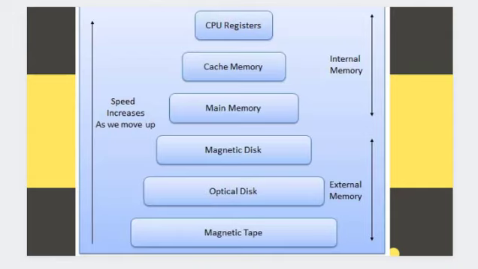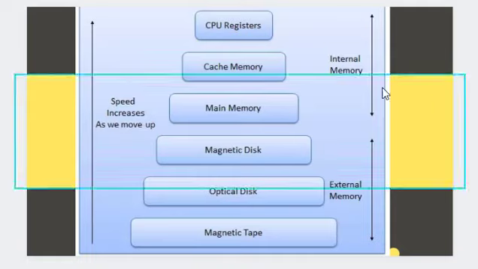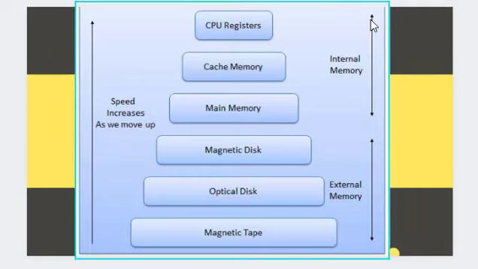Next is what we call the memory hierarchy. This is a diagram showing the characteristics of a memory hierarchy. As you can see here, we have the CPU registers, cache memory, and main memory, which fall under the internal memory.